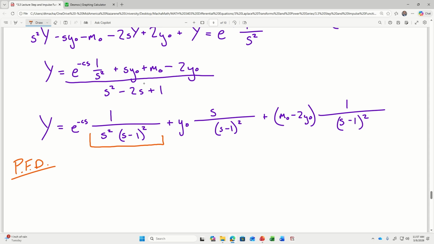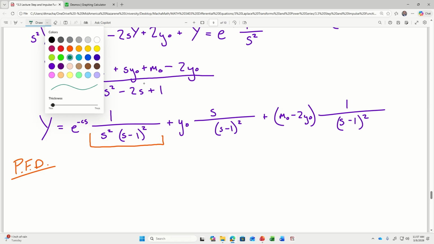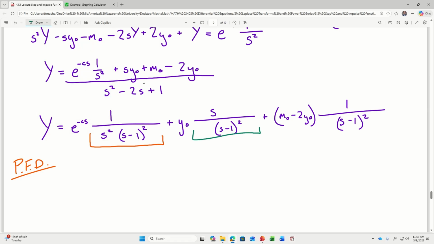This does not need partial fraction decomposition. This one's good to go. And this one is good as well. Pretty sure.